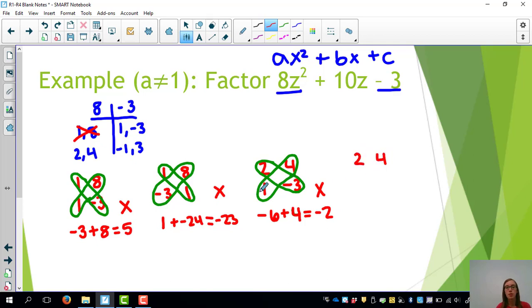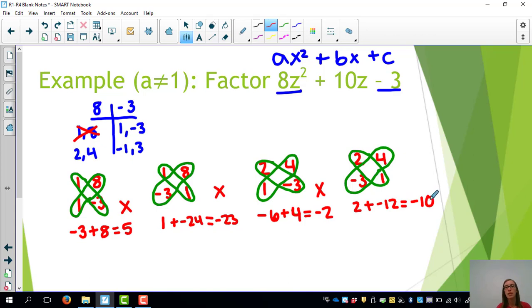Now we have to remember to try to change our bottom numbers, so we're going to flip them, try it with -3 and 1. So now 2 times 1 is 2, plus 4 times -3 is -12. So 2 plus negative 12 gives us negative 10.